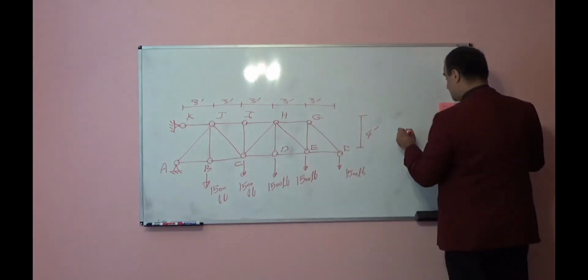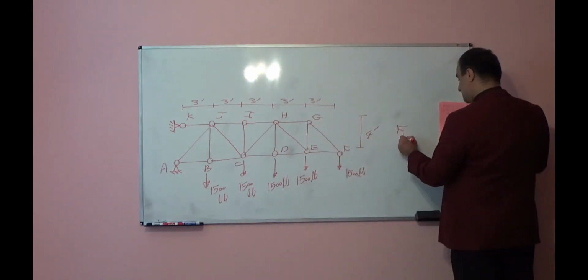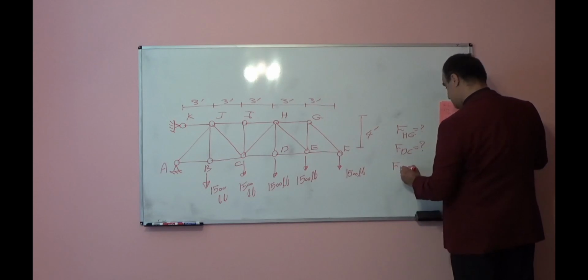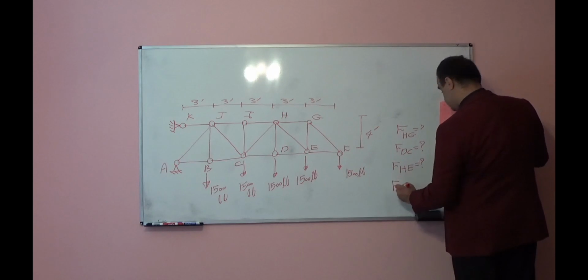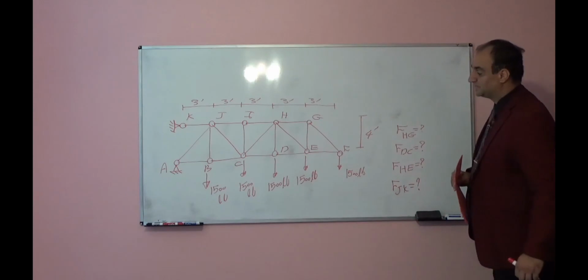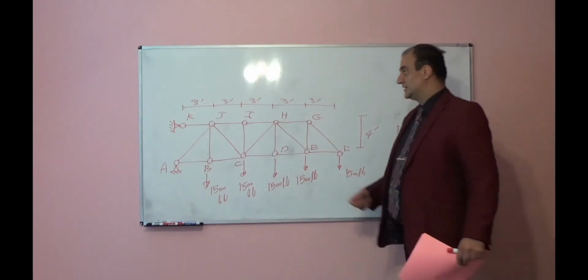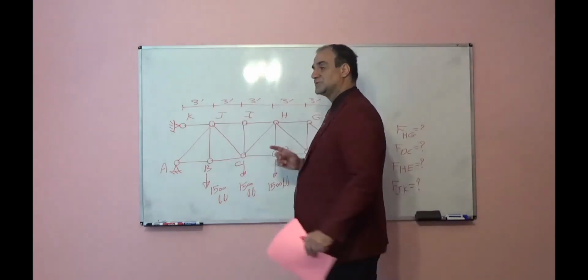Find internal force in member HG, member BC, member HE, member JK, using section method. So you have this truss. You see each span length it is 3 feet in horizontal direction.